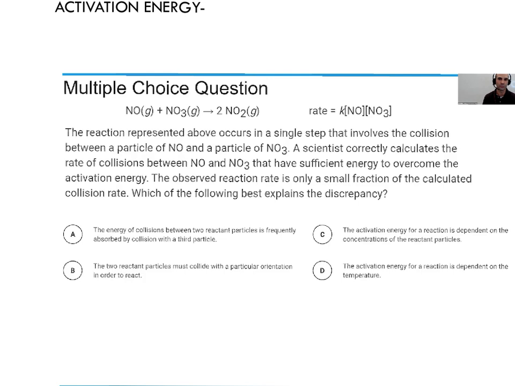Next one: this reaction occurs in a single step that involves the collision between NO and nitrogen trioxide. A scientist correctly calculates the rate of collisions that have sufficient energy to overcome the activation energy. The observed reaction rate is only a small fraction of the calculated collision rate. Which of the following best explains the discrepancy?